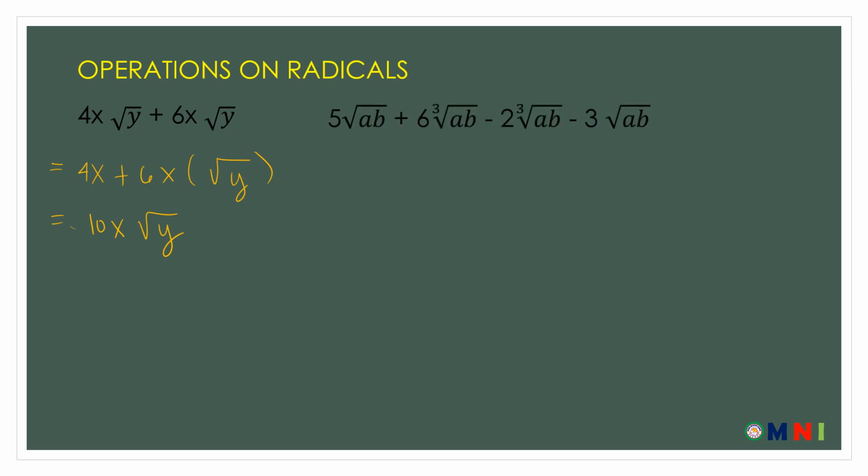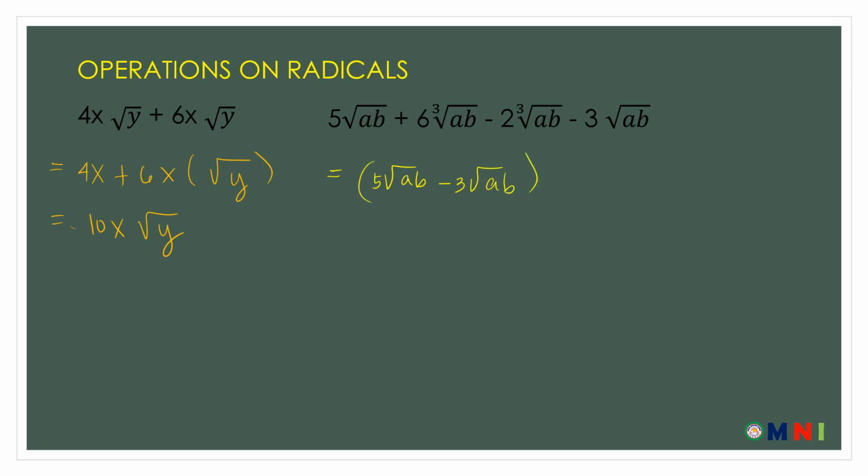Next, we have 5 square root of ab plus 6 cube root of ab minus 2 cube root of ab minus 3 square root of ab. Therefore, we are going to apply associative and commutative properties here, combine the like terms, and we apply the distributive property and simplify. Let's combine the 5 square root of AB and the negative 3 square root of AB.